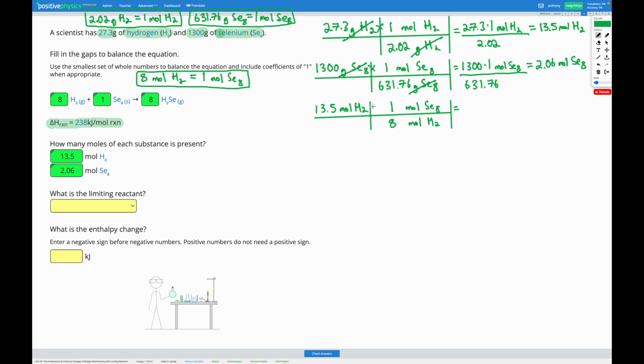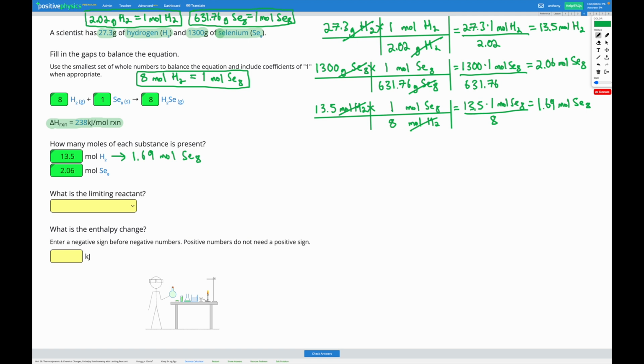So I'm going to multiply the top together, divide the top by bottom. Moles of H2 are going to cancel. I'm left with 13.5 multiplied by 1 mole of Se8 divided by 8. That leaves me with 1.69 moles of Se8. So if 13.5 moles of H2 fully reacted with Se8, we would need 1.69 moles of Se8.